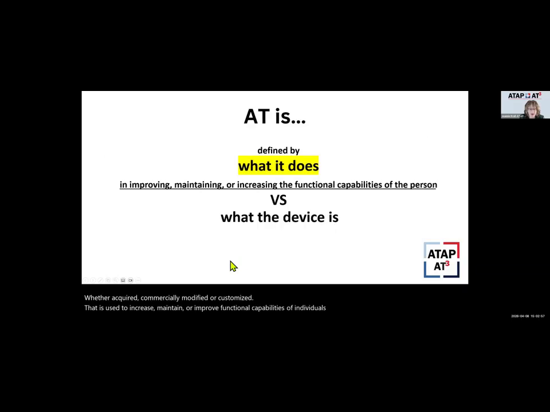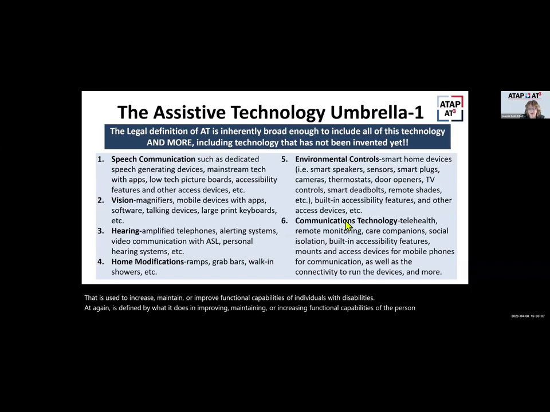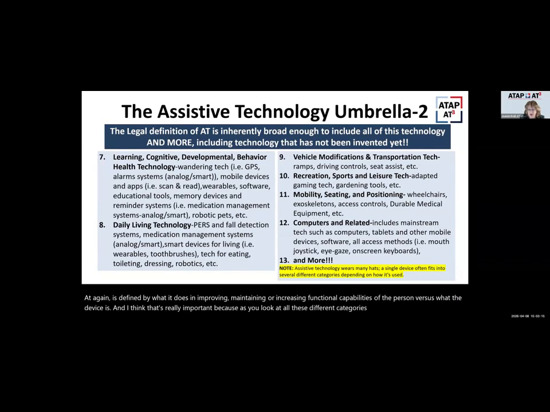AT again is defined by what it does in improving, maintaining, or increasing functional capabilities of the person versus what the device is. And I think that's really important because as you look at all these different categories of assistive technology, many of these can be in different categories.